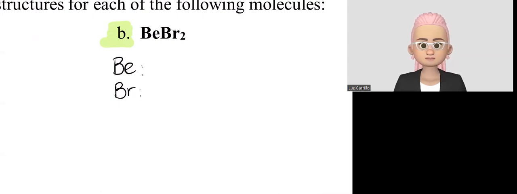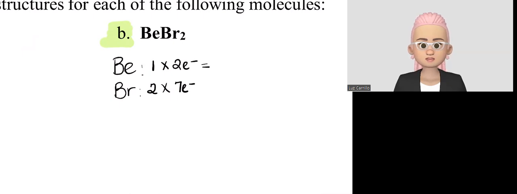So beryllium: we only have one beryllium, because there's no subscript next to it, so that means it has a value of 1. And because it lives in group 2A, there are 2 valence electrons provided by beryllium. Bromine, on the other hand, has a subscript of 2. Because there are 2 bromines and it lives in 7A, 7 electrons are provided by each bromine.